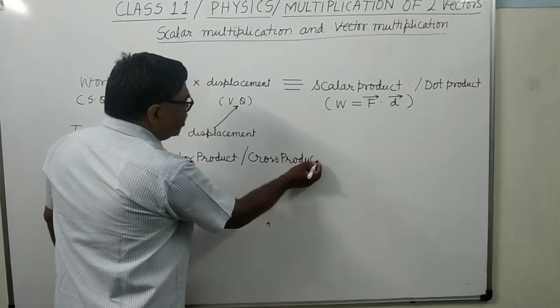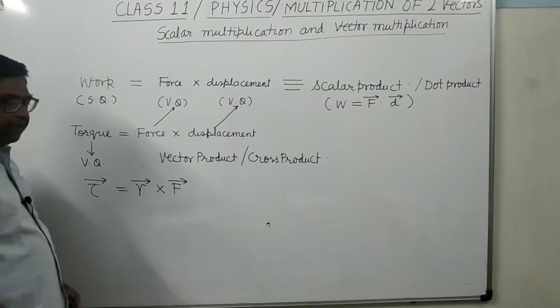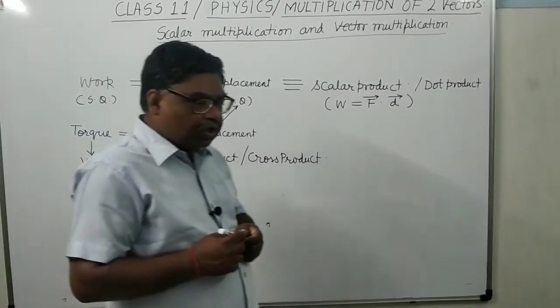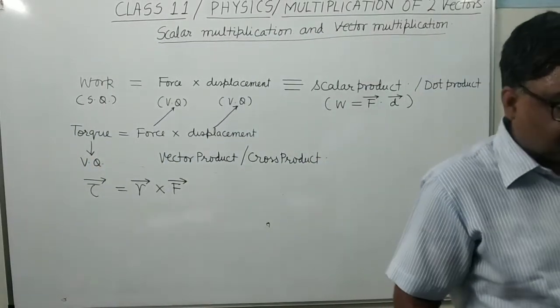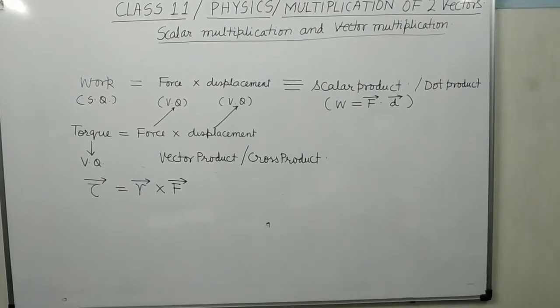So I think it will be clear to you that between two vectors there exist two types of products. One is the scalar product and the other is the vector product. In the scalar product, the product of two vector quantities gives a scalar quantity. While in the vector product, the product of two vector quantities gives a vector quantity.